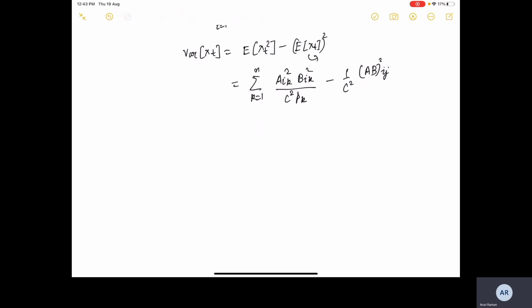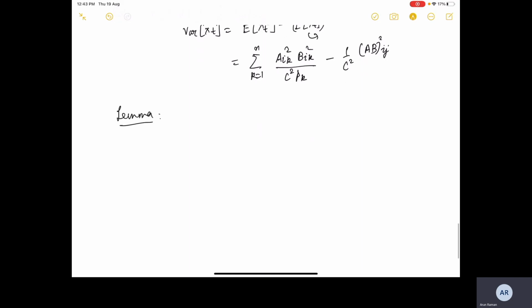There are a few other results, but we will directly move to the main lemma, which I will just state without proof. I will point you to a reference where you can look at the proof. The proof is very simple. It uses the concept of Lagrange multipliers, which we have discussed in another video this week. Suppose we have the sampling probability which is the length squared sampling that we discussed earlier.